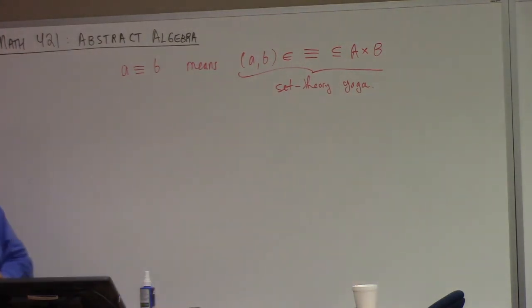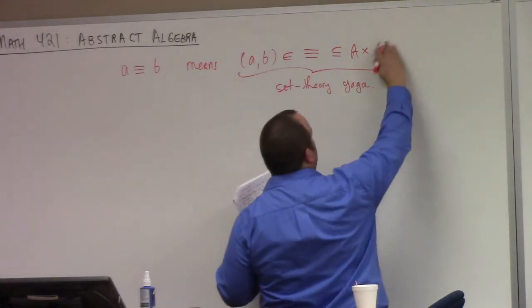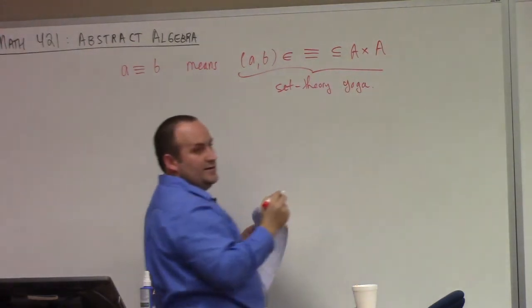You can view it technically as a subset of the Cartesian product of A and A. Sorry, notes got me.